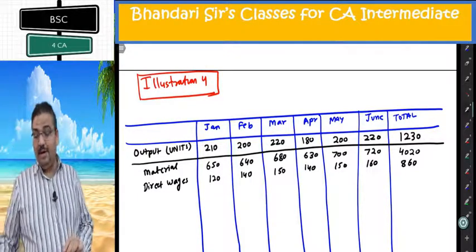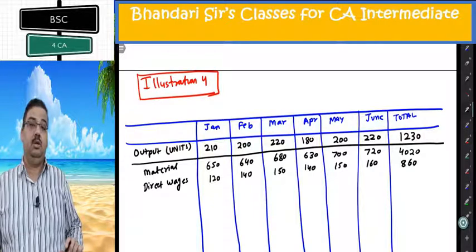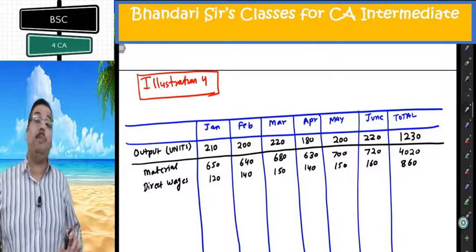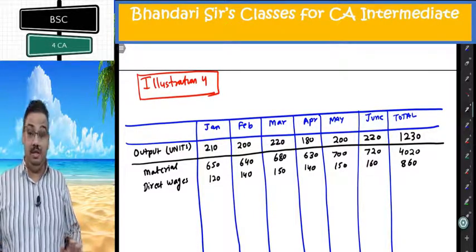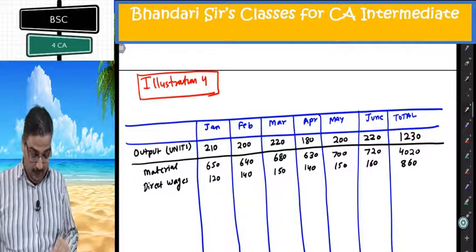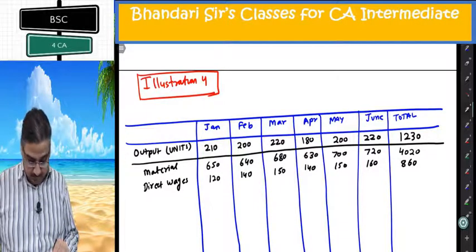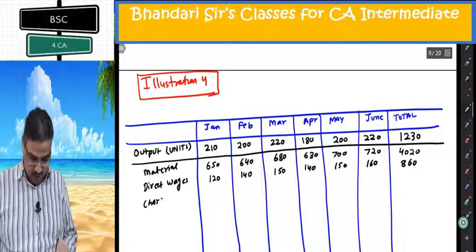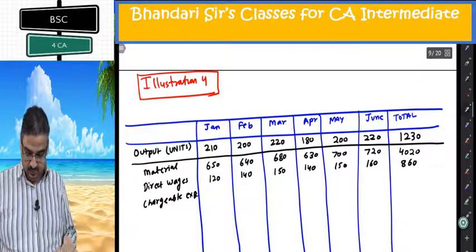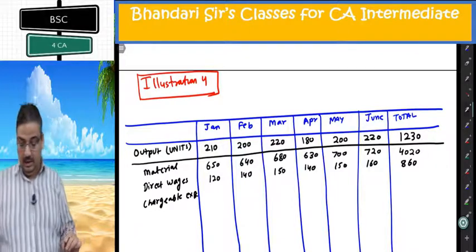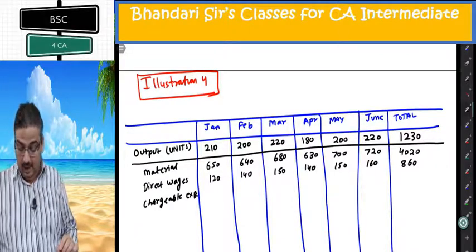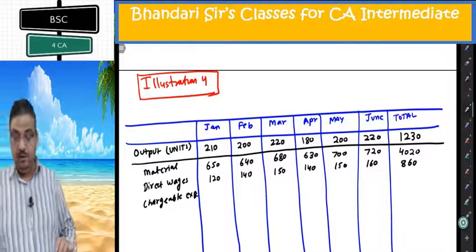Now you are given direct labor hours. I want rate per hour of direct expense and then charge there. So I want to get chargeable expenses. For every month, I need to calculate per hour, and from there I will be able to charge.